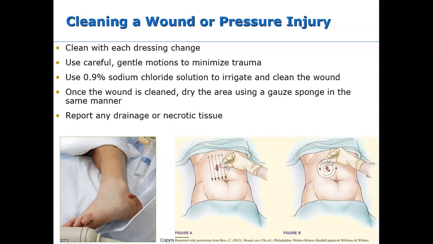So we always clean the wound before applying a new dressing. We can use normal saline and irrigate the wound with a large volume syringe. We let it flow into a container, or we gently use a normal saline soaked gauze or a swab.